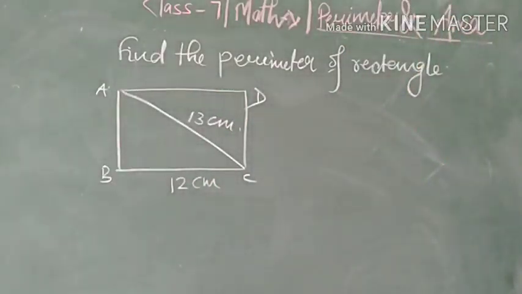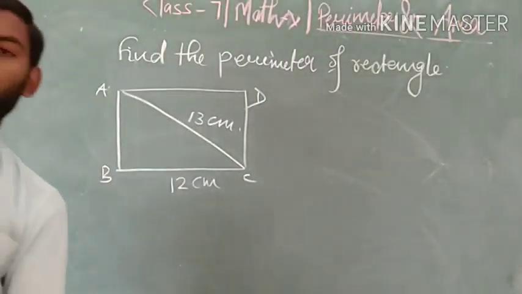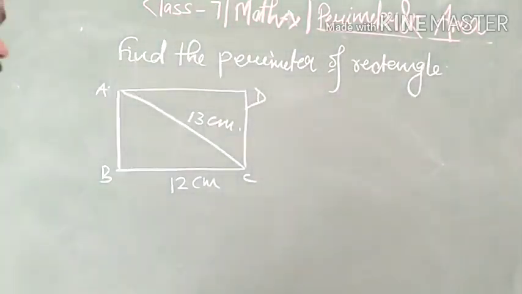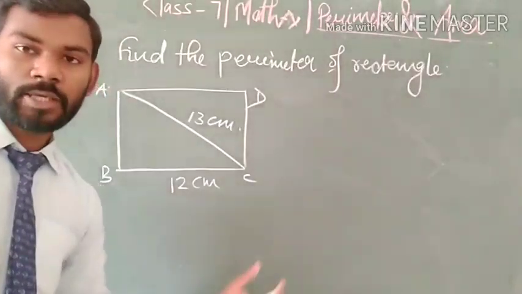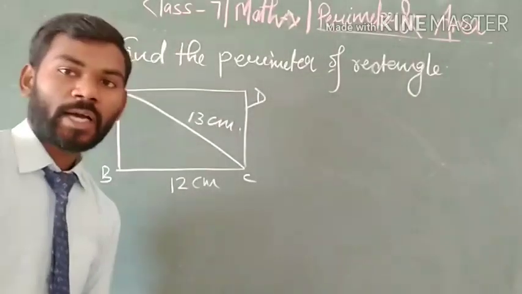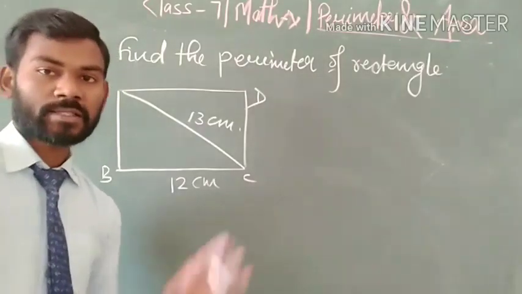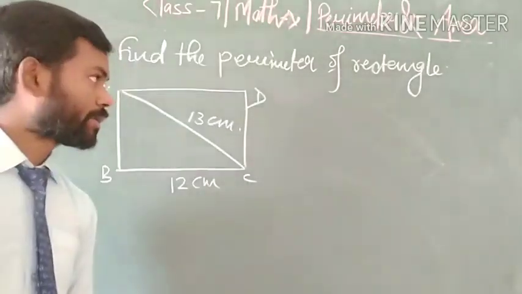Okay, students, I hope you get the question. In order to solve this question, first of all, we have to read the question carefully and try to understand what data is given and what is the requirement of this problem. After that, we shall find the result that is asked here.